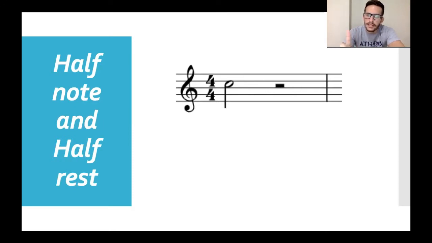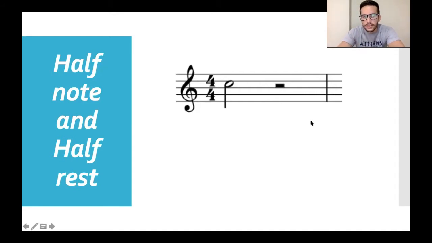Why? Because the whole rest goes below the fourth line. The half rest goes above the third line. It's very similar. Do not get confused. So it's very important that you know what the difference is between the whole rest and the half rest.